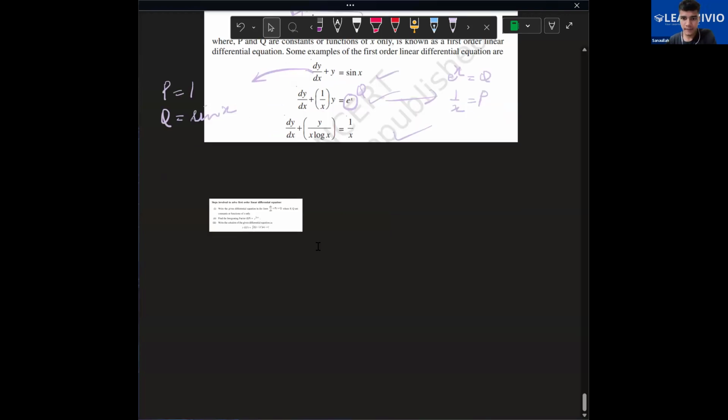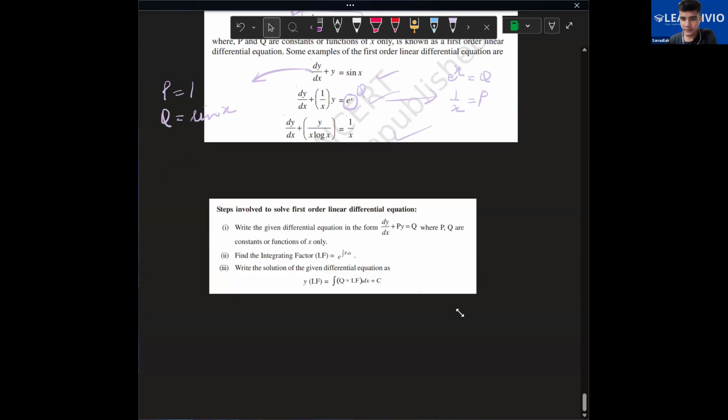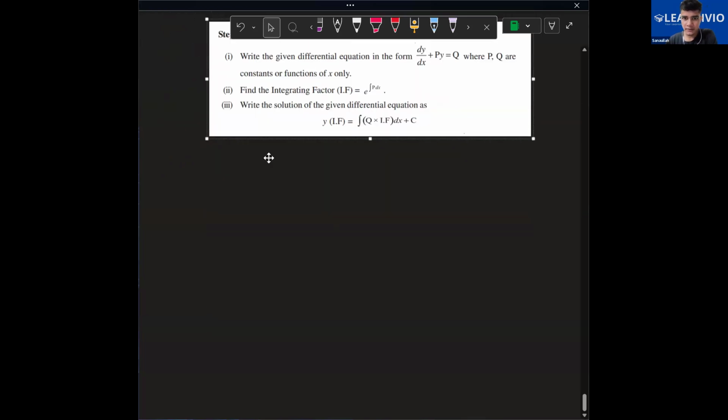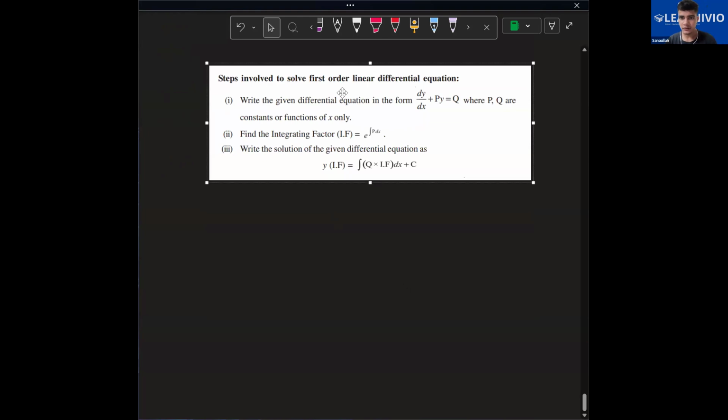I will explain these steps with the help of a question. First, the steps involved in solving a first order differential equation. Whatever you are doing in your syllabus is only the first order differential equation.